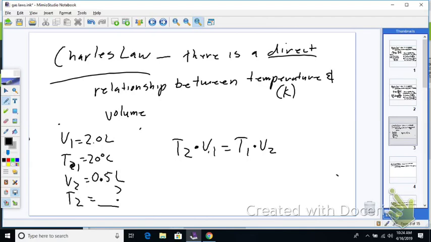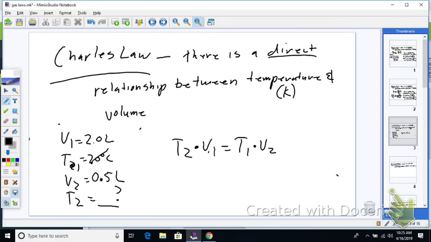Volume goes down to 1/4 the amount, right? You see that? So temperature should go down to 1/4. If I left it in Celsius, the temperature would be 5. It's not 5. It doesn't change that much, it's 15 degrees. So you have to change this.